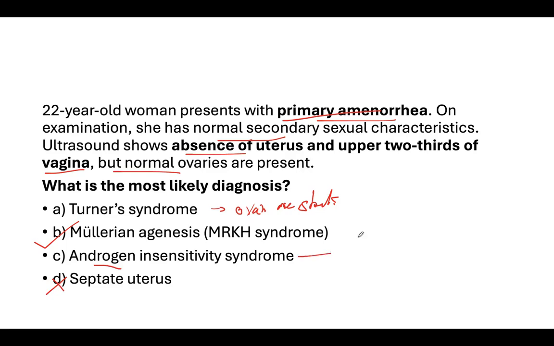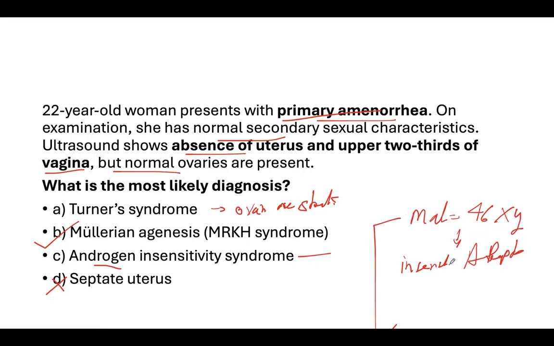In androgen insensitivity syndrome, the person is genetically male, that is 46XY, but is partially or completely insensitive to androgens due to a defect in the androgen receptors.